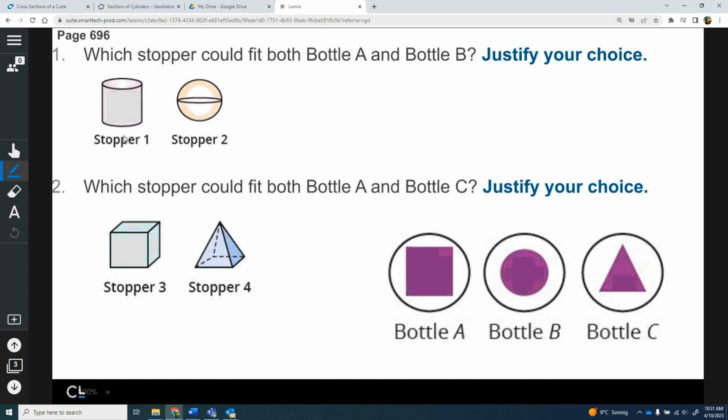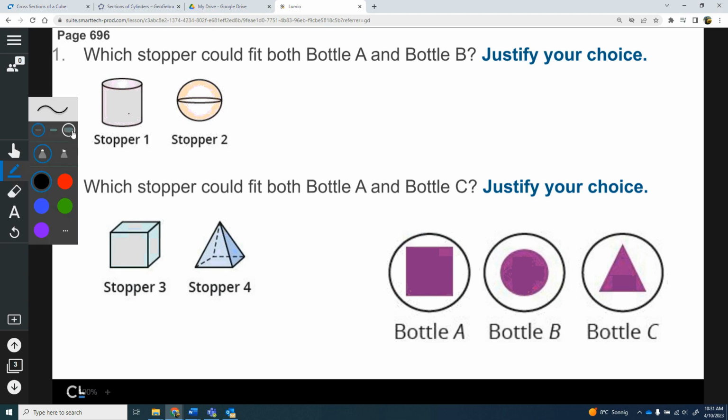So here we have stopper 1 and 2. Stopper 1 is a circle on top, so it would fit into bottle B. Stopper 2, if I cut it in half, would be a circle, so it would fit into bottle B as well. But could stopper 1 also fit into another bottle?